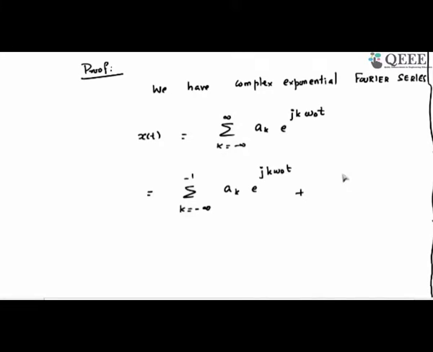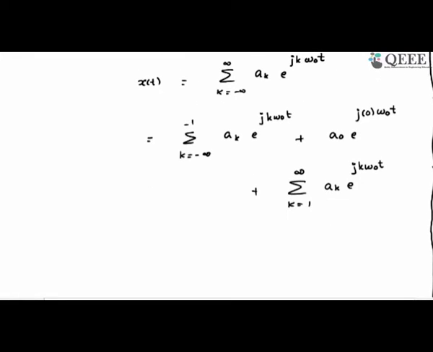When k equals 0, we have a naught e power j into 0 times omega naught t, plus the positive harmonics, k equals 1 to infinity of a k e power j k omega naught t. So I simply split the summation into three parts: one for the negative harmonics, one for k equal to 0, and the other for the positive harmonics.